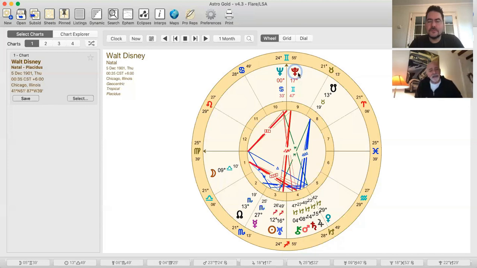If you don't know his story, I find him a fascinating man, not only a good chart to use for teaching, but on the one hand, of course, he was so loved and loving of especially children and his audience, and he took great joy in everything that he brought.